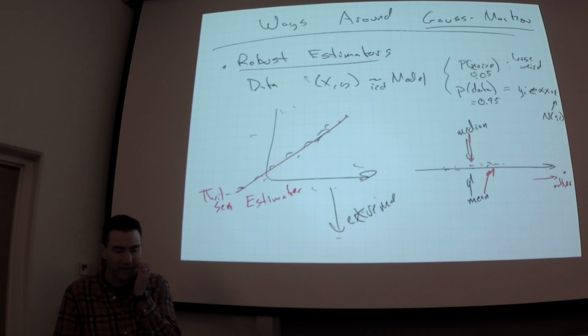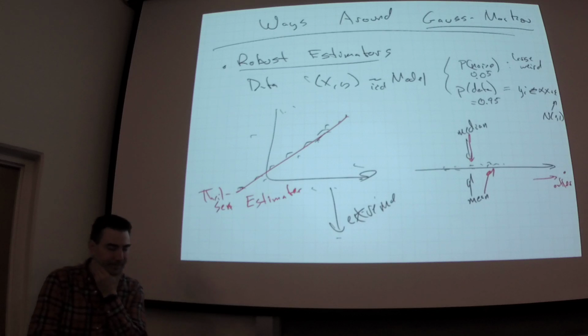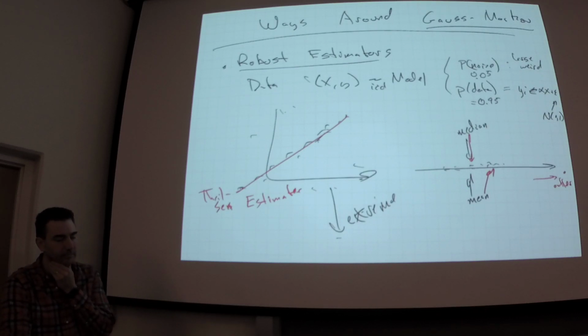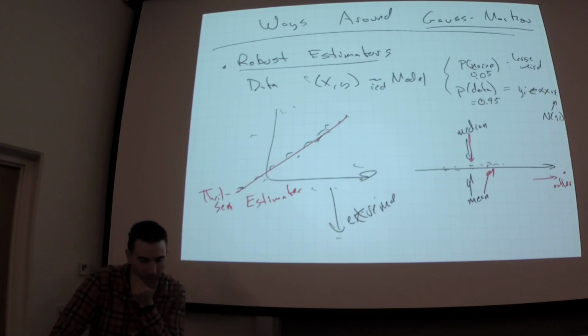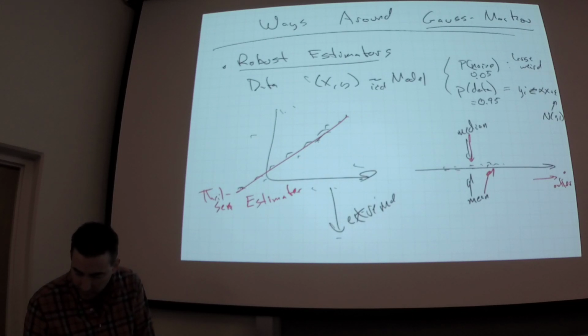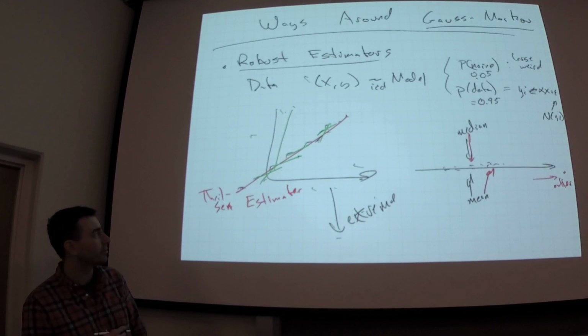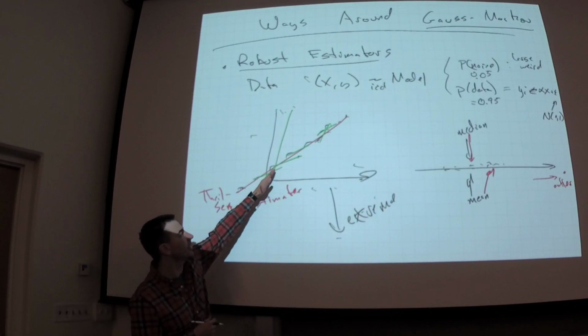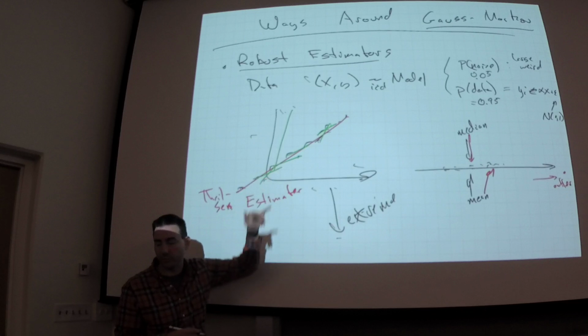What this does is it takes all pairs of the data points, and it estimates the slope of each pair.